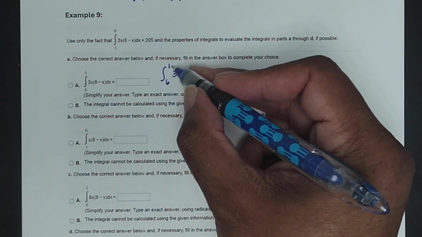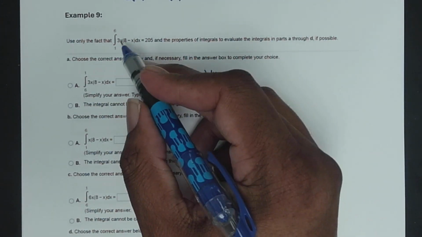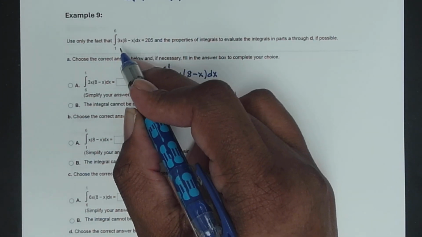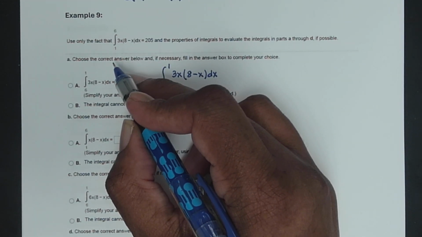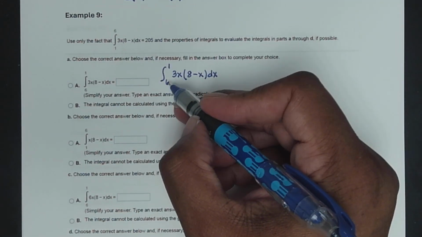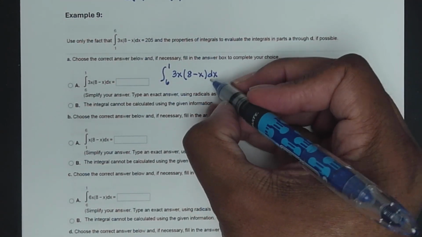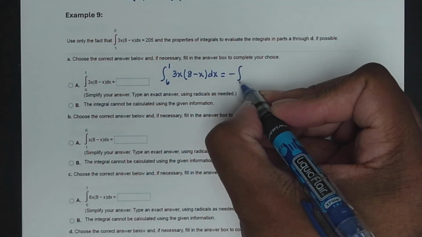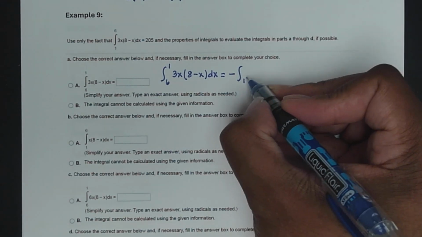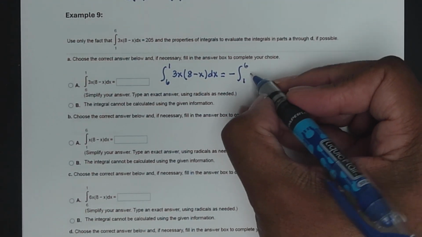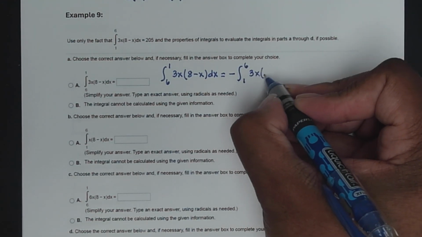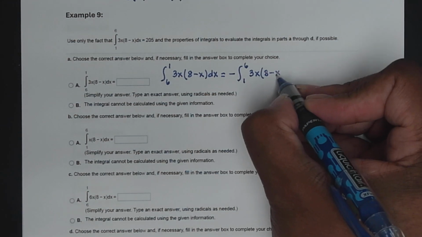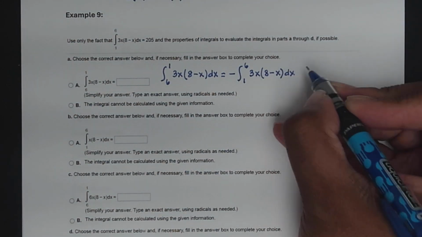Well, notice I almost have this up here, but notice that the 1 is on the bottom and the 6 is on top, so I need to switch these limits. If I do that, I need to put a negative sign in front, so it'll be negative of the integral from 1 to 6 of 3x times 8 minus x dx.